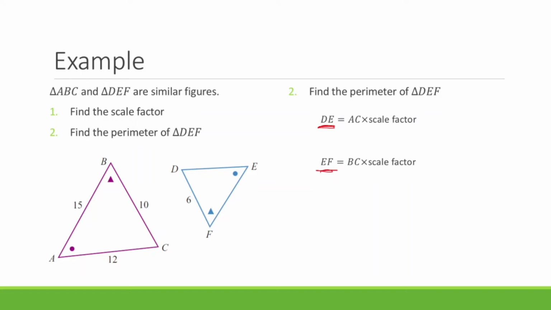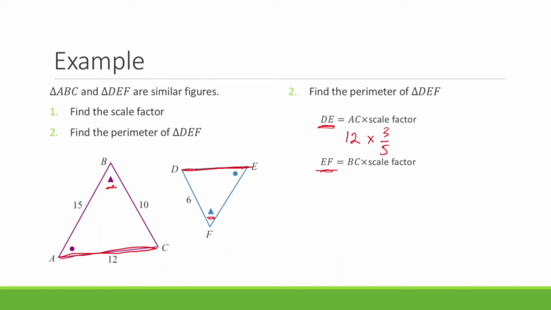Now, AC, which is here, is matching with DE, and I know that because it's opposite the triangle. So AC is 12. Then we're going to take the scale factor, which was 3 over 5, and multiply.